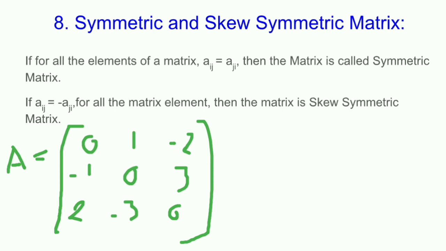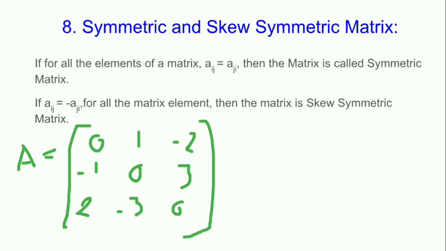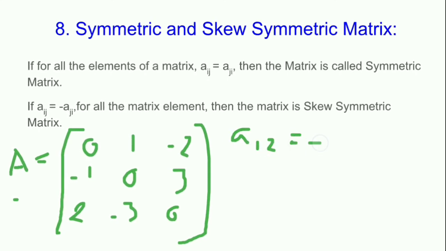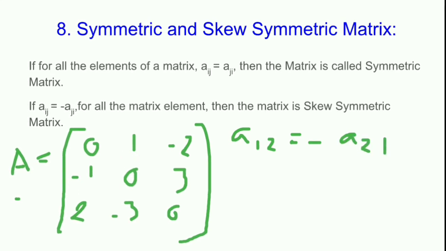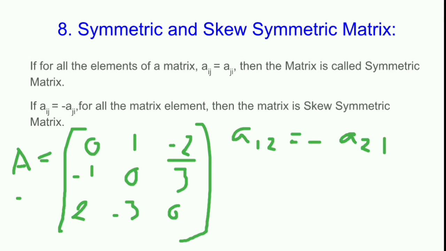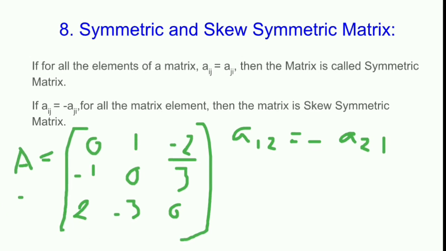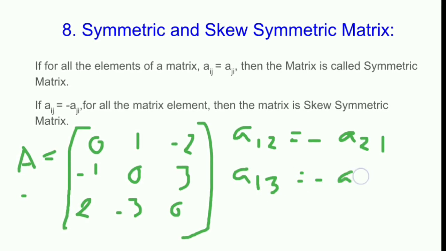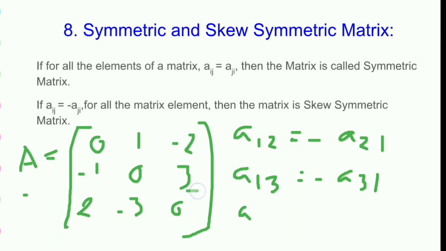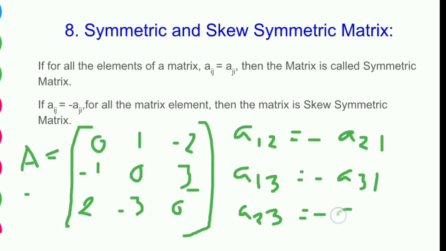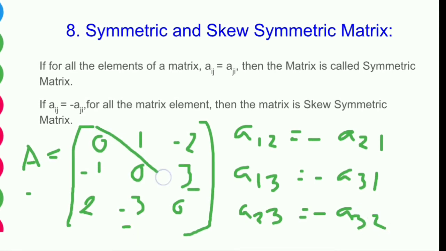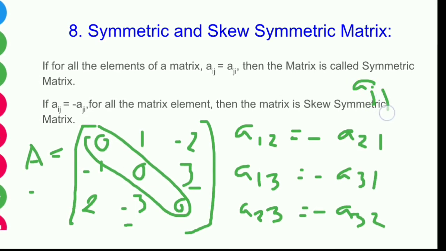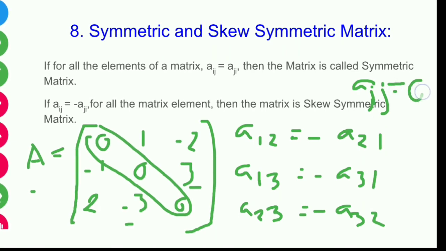Let's take one more example of matrix A. In this matrix, if we compare all the non-diagonal elements, here we can see A12 is equal to minus A21, A13 is equal to minus A31, and A23 is equal to minus A32, and all the diagonal elements are 0, that is, Ajj is equal to 0.